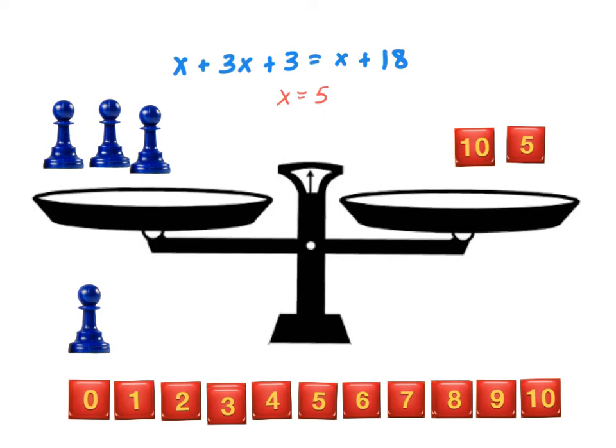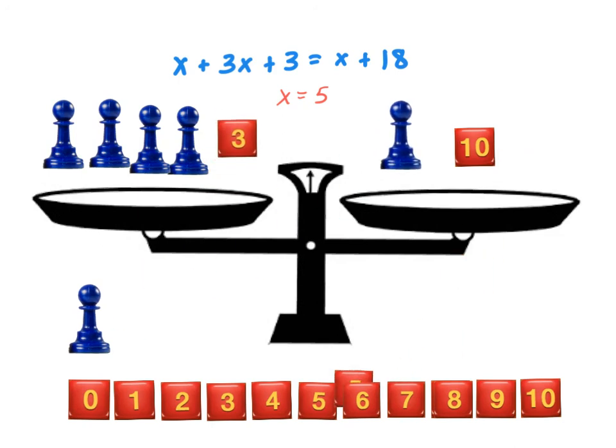Set up your equation to its original state. So originally, I had x plus 3 more x's, so I have an x right here, but I need 3 more, so I need 1 more, plus a 3, and on the right-hand side, an x and an 18. I'm back to my original state.